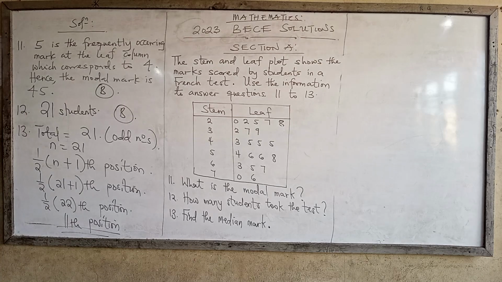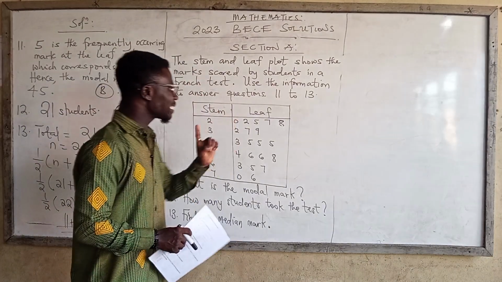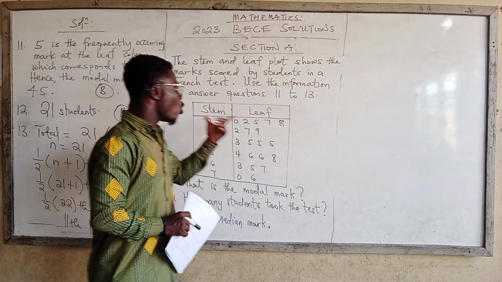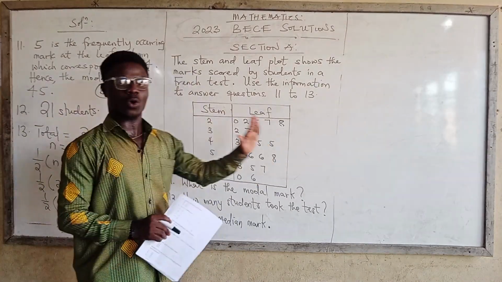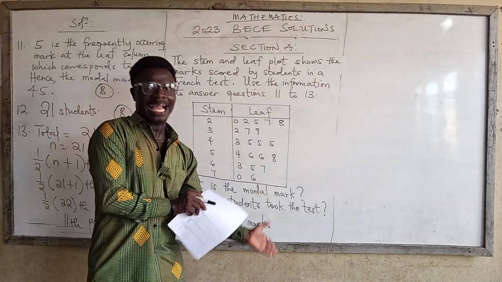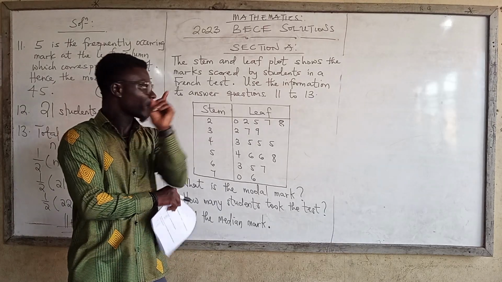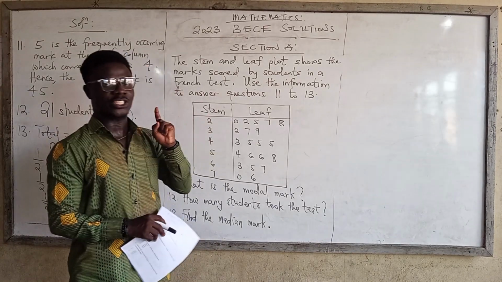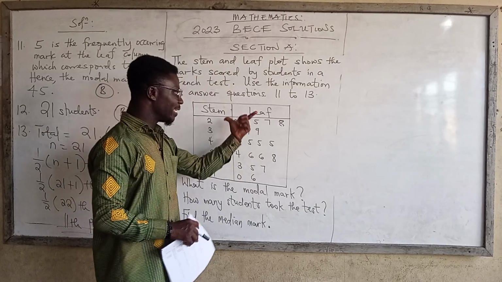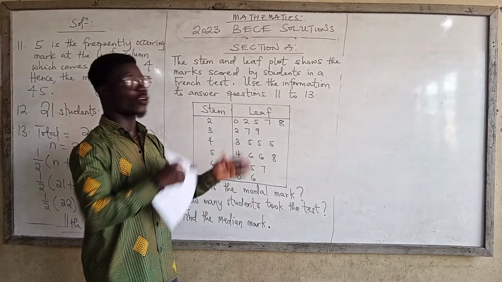11th position. Now, if you want to find the median mark, make sure that at the leaf column, all the marks available are arranged in either ascending order or descending order. Check that. First of all, we have to rearrange them. We can see that the marks at the leaf column are already arranged for us.